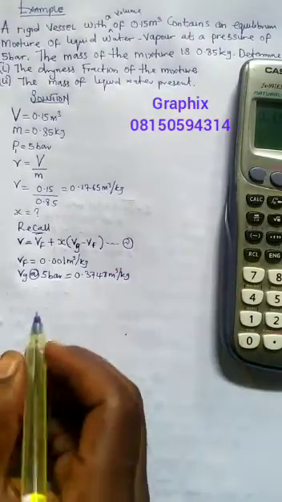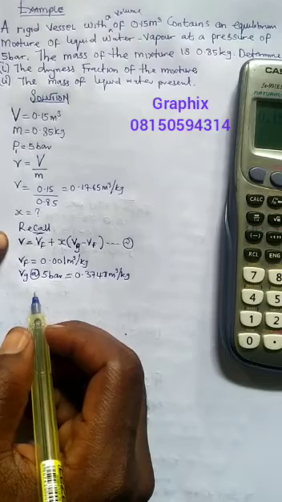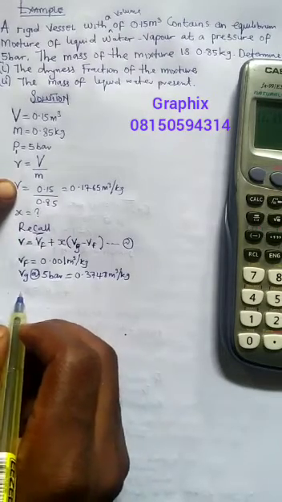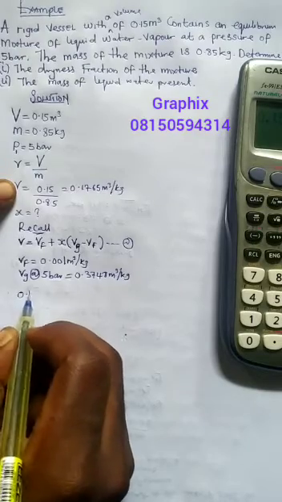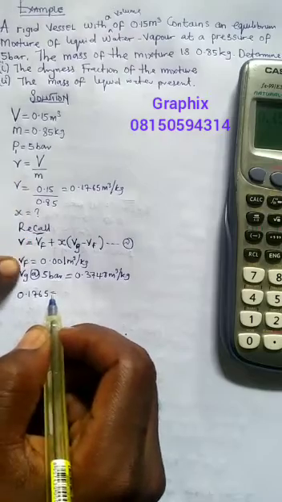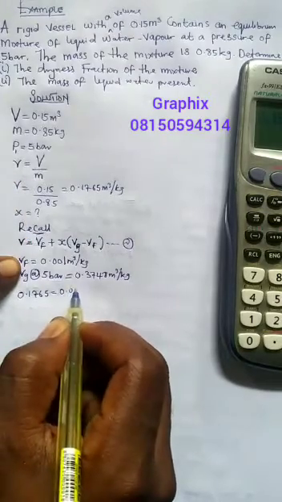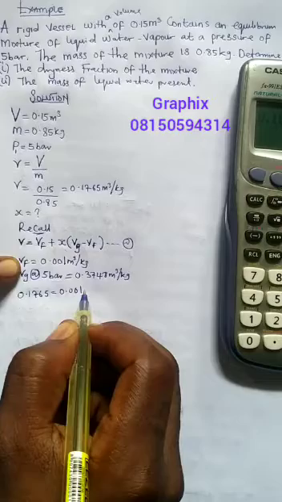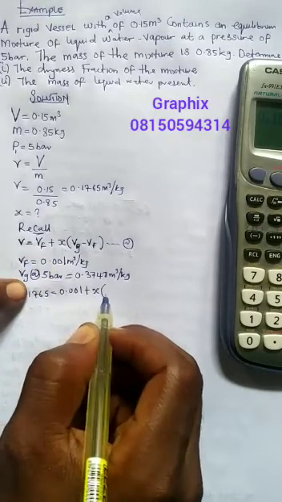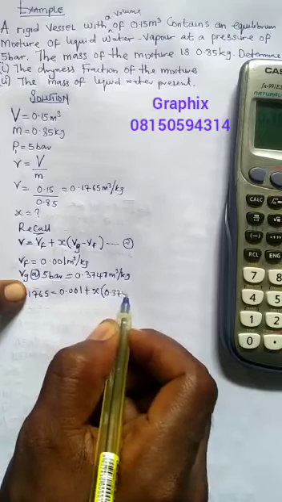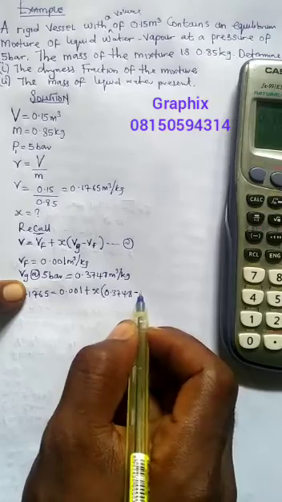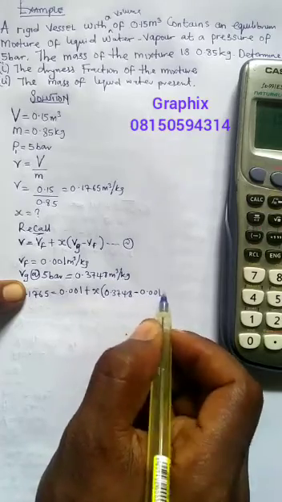So I'm going to input these values in equation 1. The specific volume, small v, is given as 0.1765, equals the vf, which is 0.001, plus the dryness fraction into bracket, the vg, which is 0.3748, minus the vf, which is 0.001.